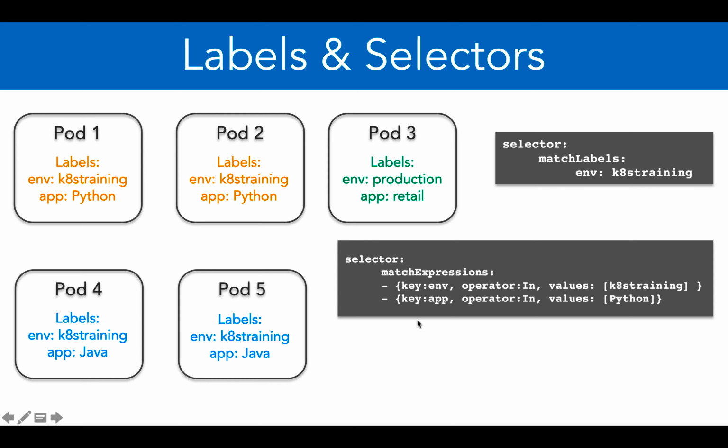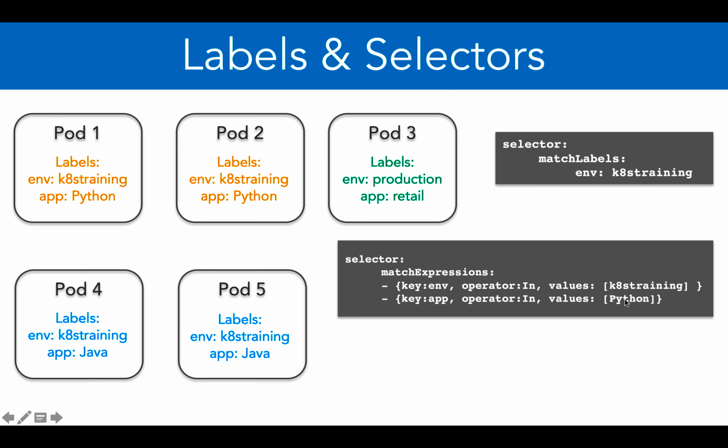Now there's one more expression, so it will use both the expressions to select the pods. The second one says that the key should be app and the value of app should be in Python, similar to OR condition. So here I have used only one value, k8s training.